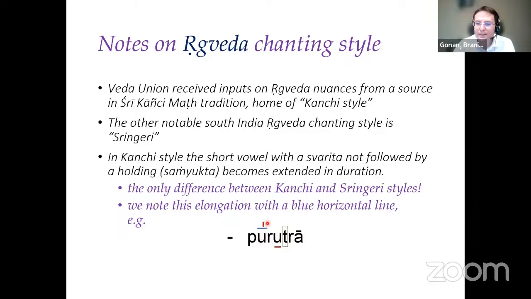So in that case, this svarita becomes elongated, right? And we denoted this elongation with the horizontal blue line. This is something that we added just to remind us that we should extend. So it is not purutra, it is purutra. This is the difference between Sringeri and Kanchi style. Sringeri, purutra, Kanchi, purutra. This pu is elongated.